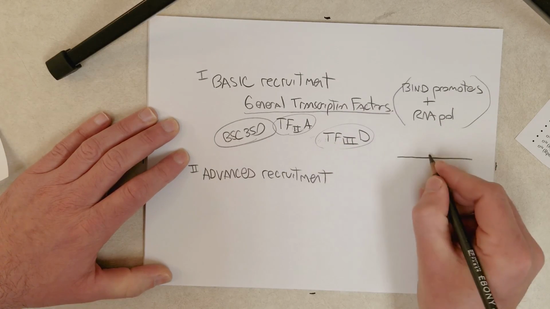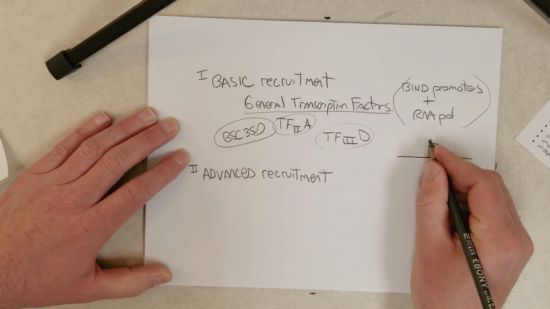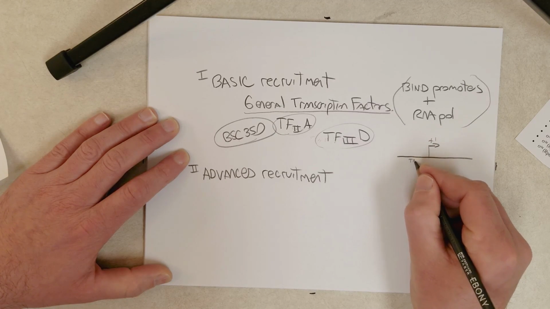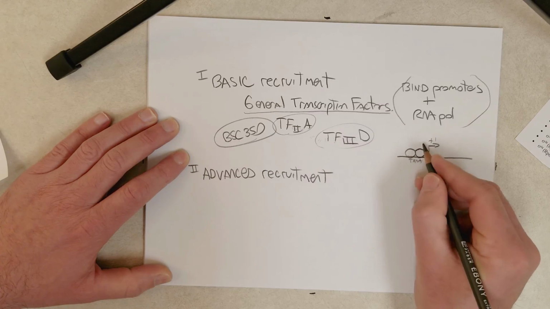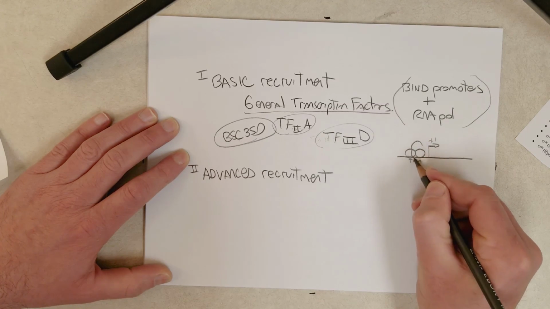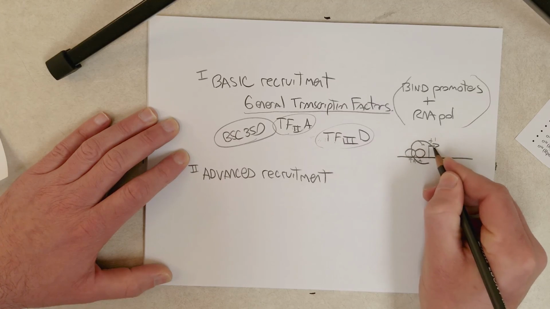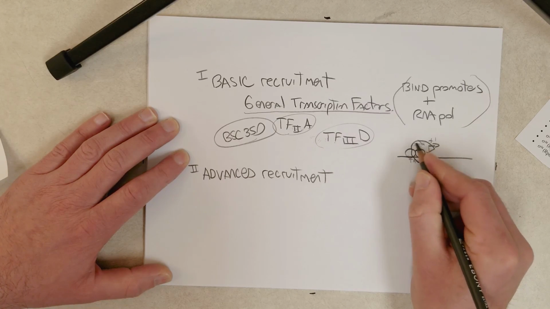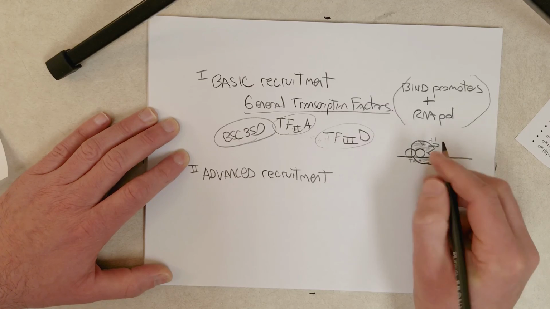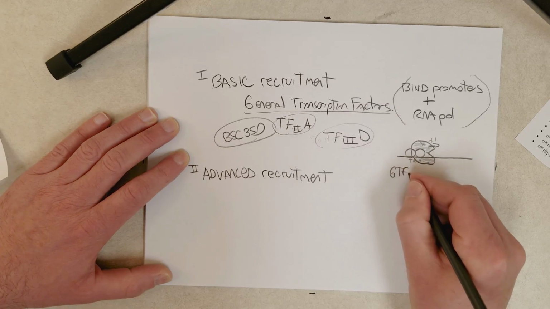So let me diagram this. Here's the +1 site. Let's say this is the TATA box here. And then here are some general transcription factors, and they are bringing in RNA polymerase here. GTFs.